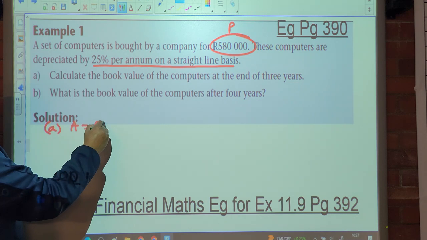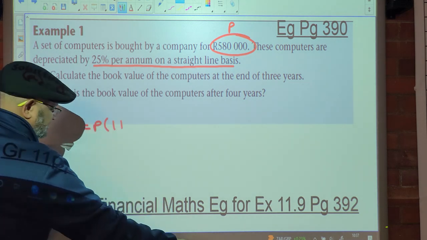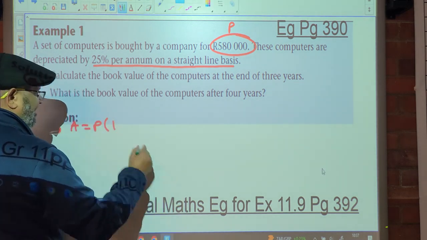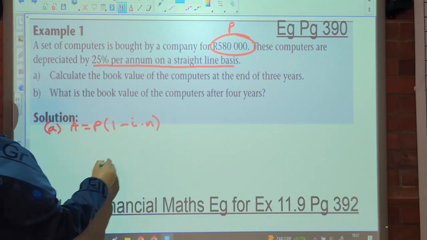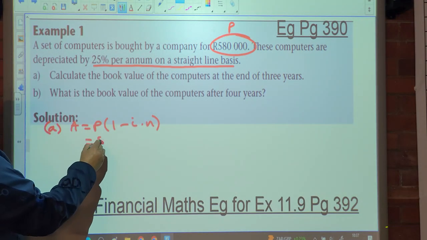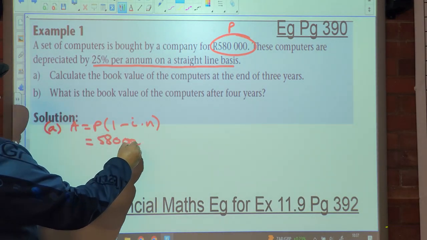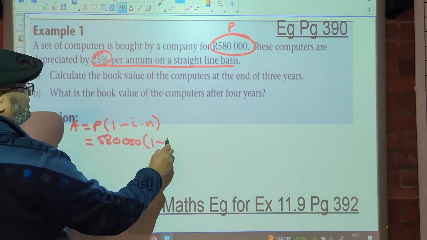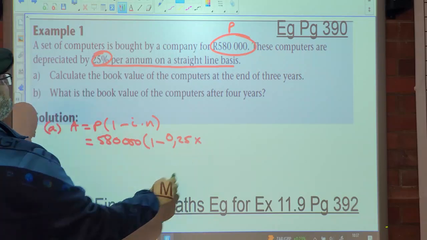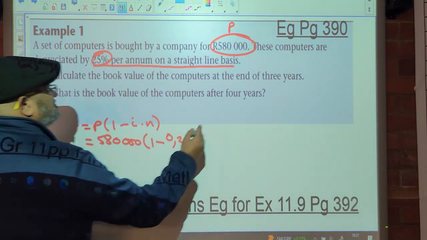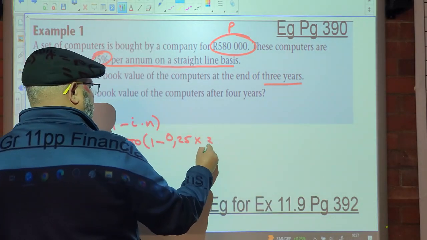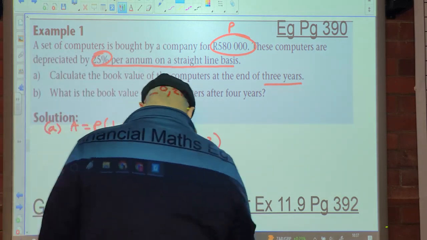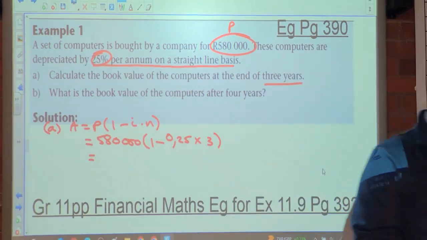A = P(1 − i × n). So we have 580,000 × (1 − 0.25 × 3), at the end of 3 years. Do that calculation.